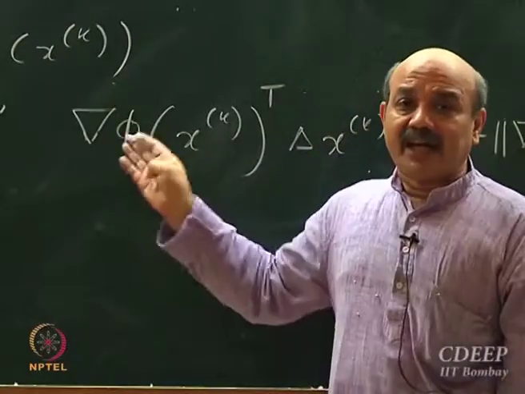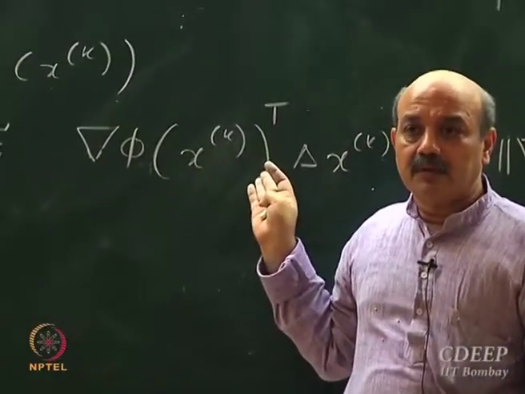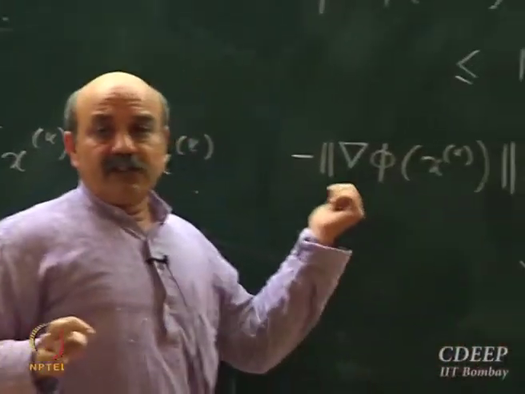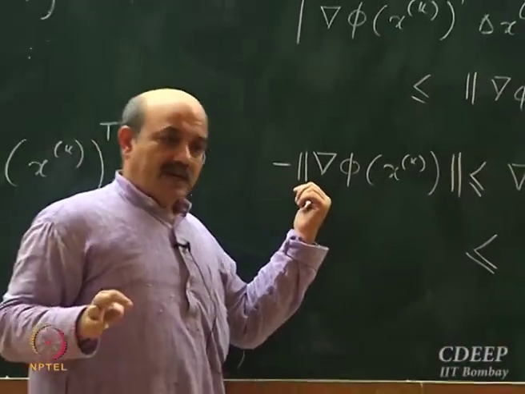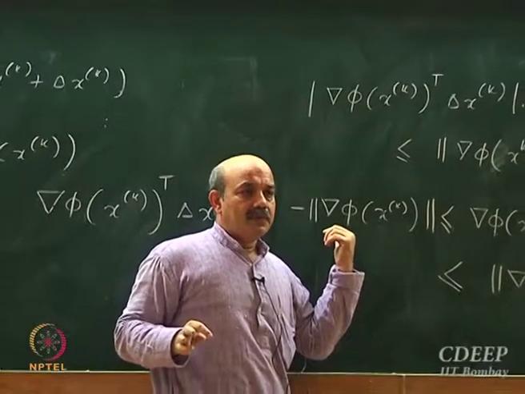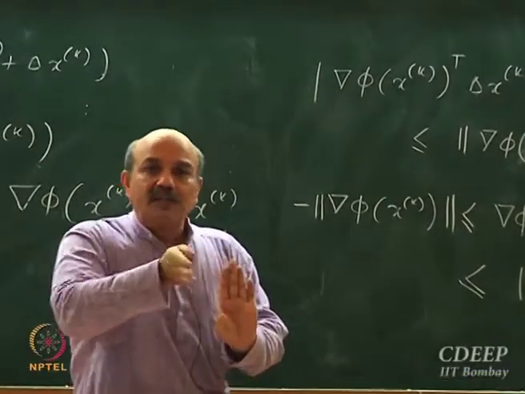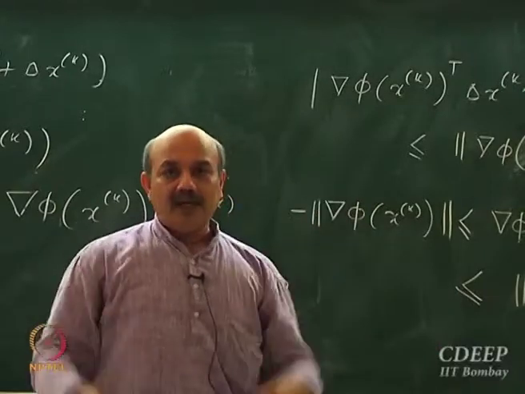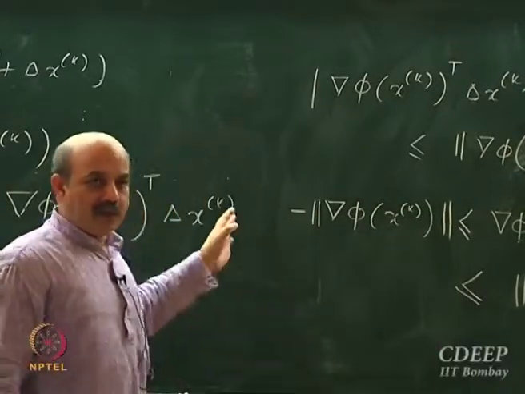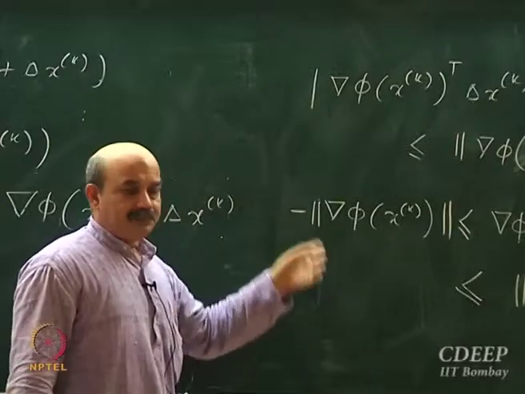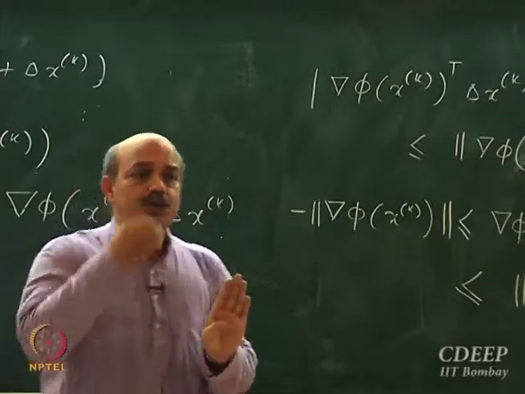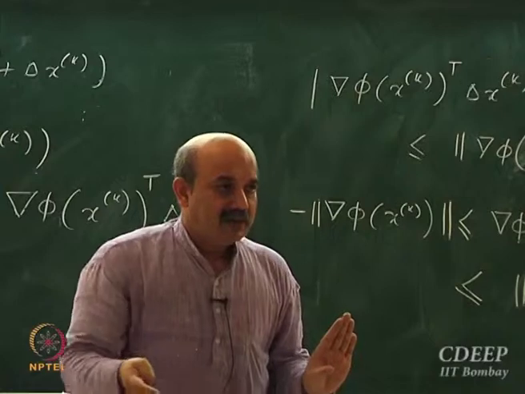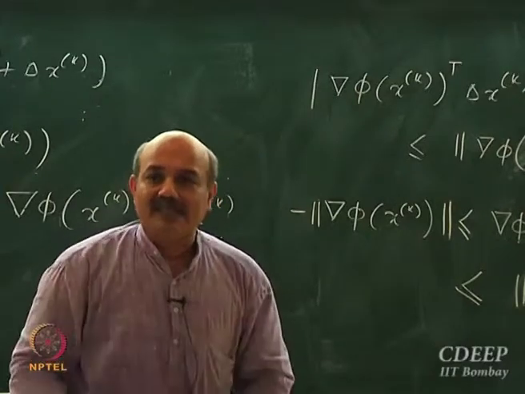When will it be smallest negative? Look here. Negative of the gradient direction. So if I move along the negative of the gradient direction, I will decrease the function. So where should I choose my next point from xk, when I go to xk plus 1?